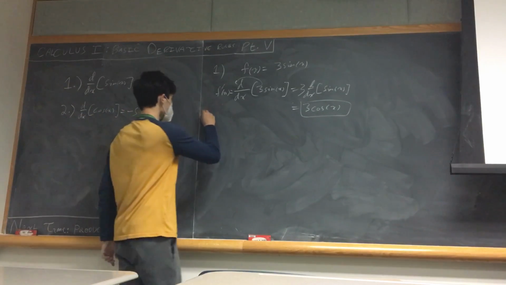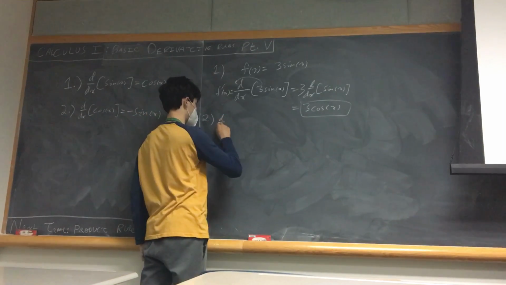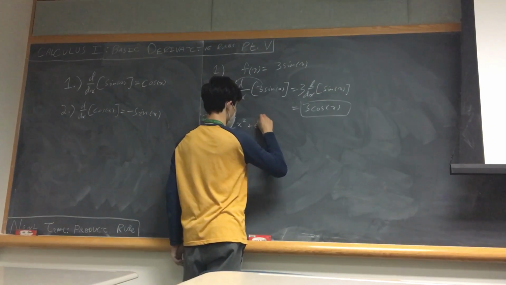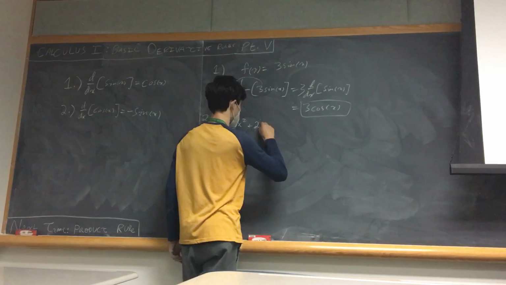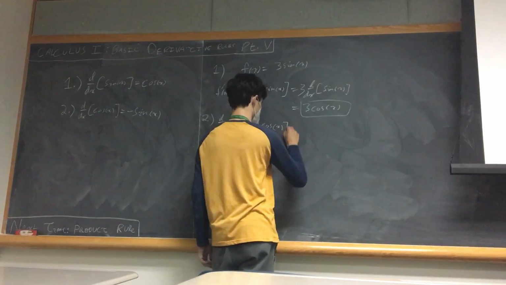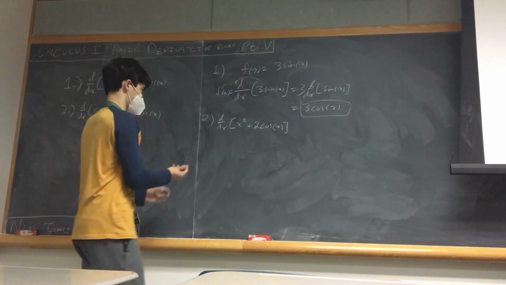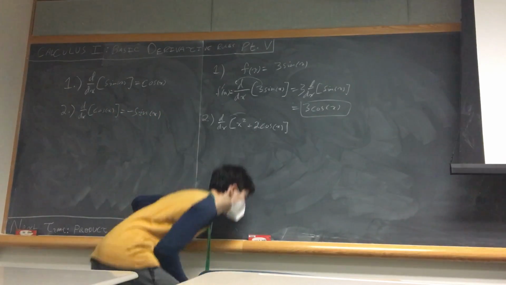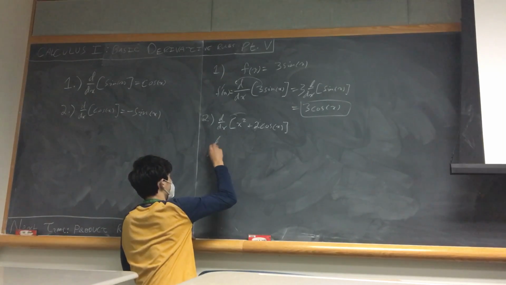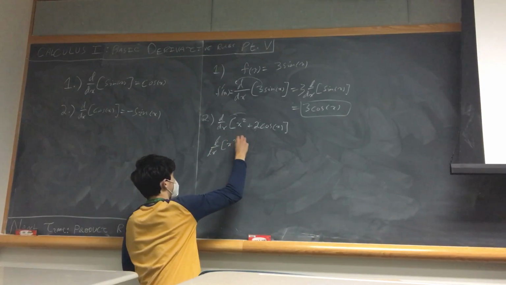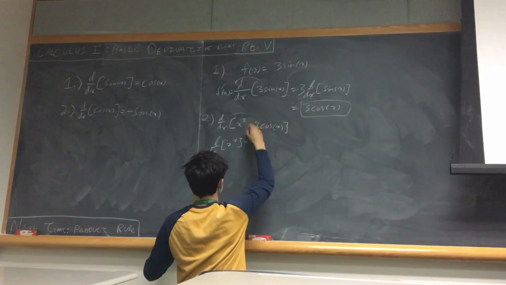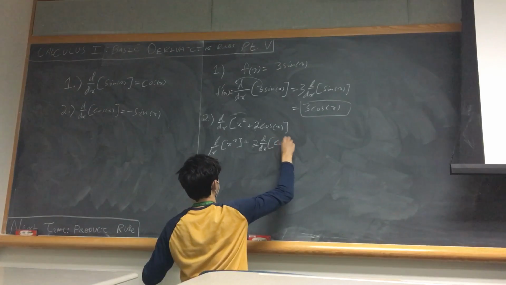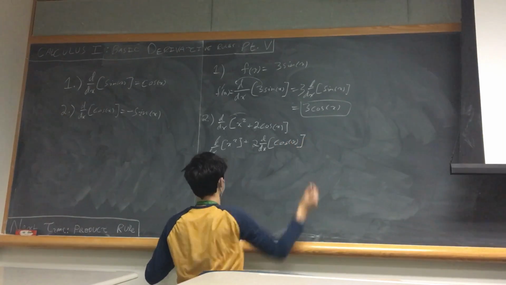So now, example 2, let's find the derivative of x squared plus 2 cosine of x. So the first step is to use the sum and difference rules to split this derivative into the derivative of x squared plus, and then we can use the constant multiple rule here to say 2 times the derivative of cosine of x.